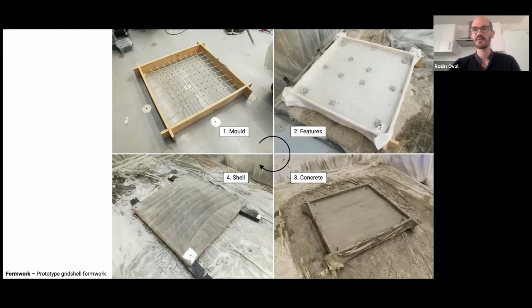By features, I mean here some air reinforcement strategy, some spacers and some threads in order to connect it afterwards. Then we sprayed concrete on it, and then we could just demold it from the frame and the membrane, and get our small, here 1 by 1, piece of shell.